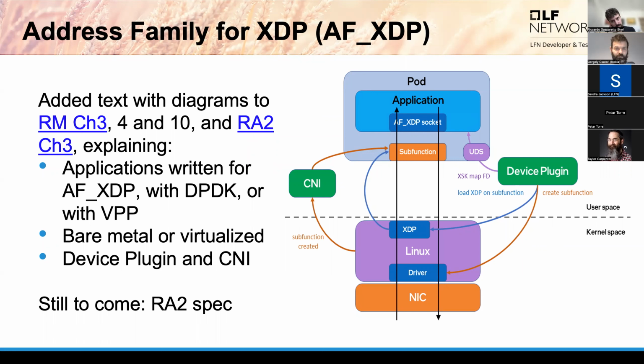I'm not going to read the text now, but what came together overall is an explanation of how the applications can be written specifically for this socket type, or how the previous DPDK applications can be reworked, or also VPP applications, and how it works bare metal or virtualized.